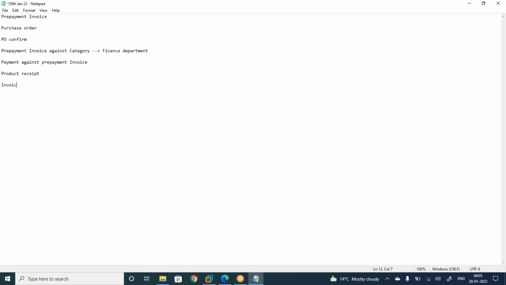Next, the invoice. While doing the invoice, you need to apply the prepayment invoice. Suppose the purchase order is 10,000, and the vendor is asking for $3,000, a 30% advance. So 3,000 is paid.